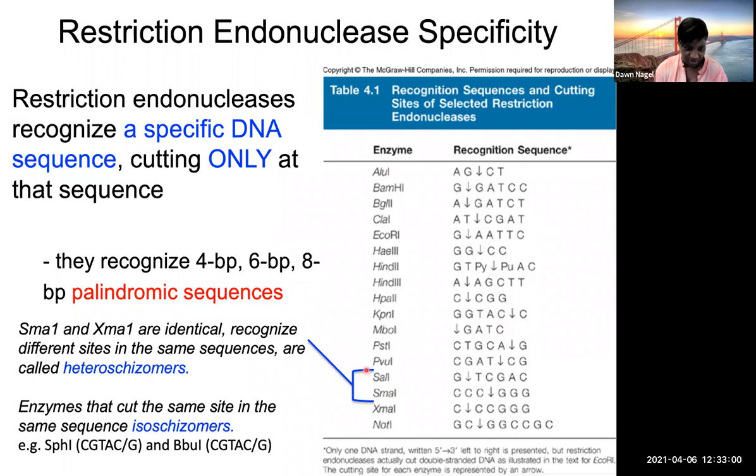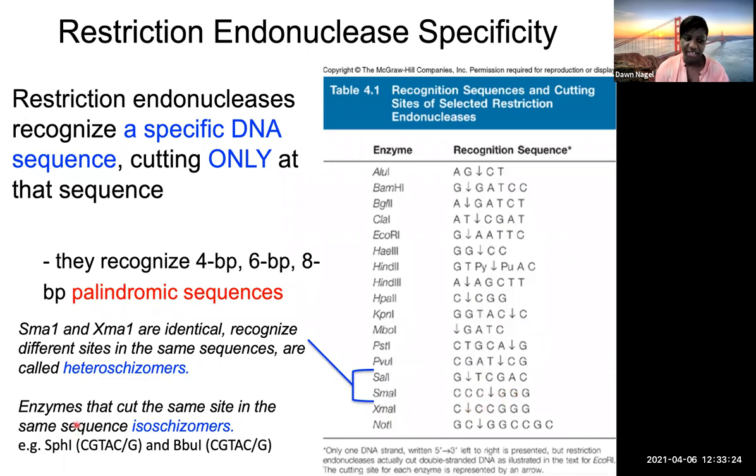Sorry, this arrow is not correct. You notice that the sequence for SmaI is CCCGGG, and it's the same for XmaI. However, the cleavage site is different, right? So SmaI would cleave here while XmaI will cleave here. So they're recognizing the same sequence, but cutting at different sites within those sequences.